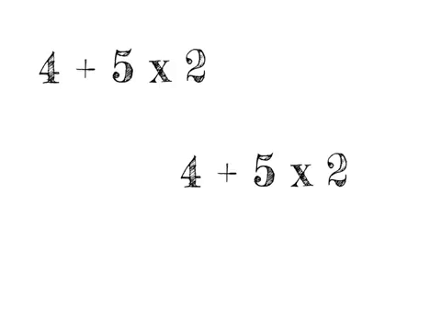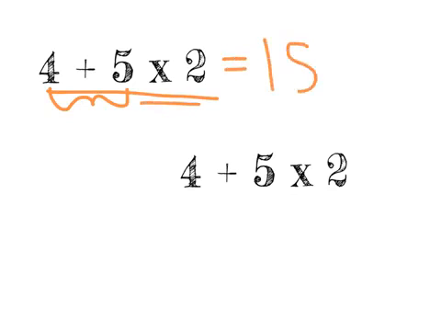Let's pretend we lived in a terrifying world where order of operations did not exist. And let's just say that Bad Bobby did this number sentence, and he added 4 plus 5 to get 9. He multiplied it by 2, and he got 18. That's great computation. There's nothing wrong with that computation.